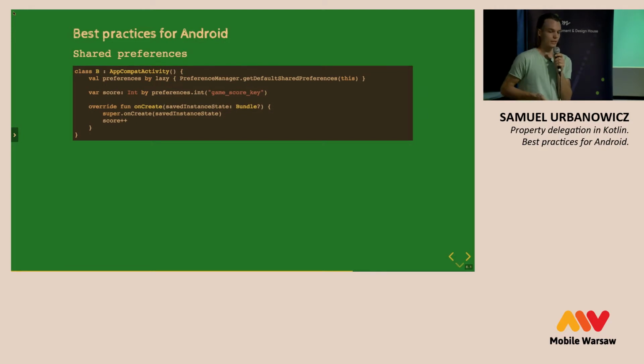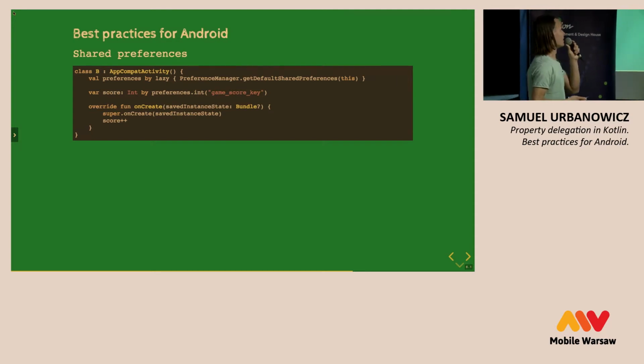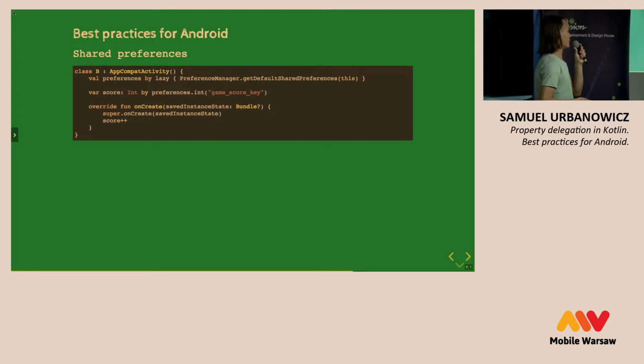Now let's switch to Android. Here is a nice example of how we can use property delegation to improve the way of saving and getting values from shared preferences.